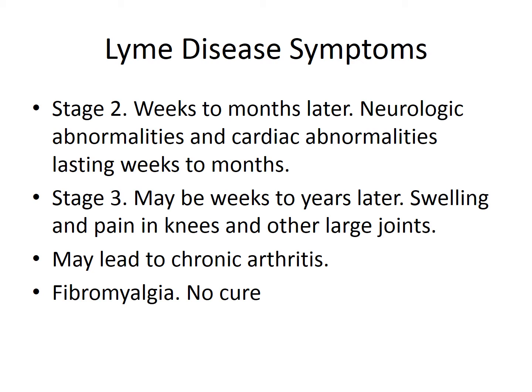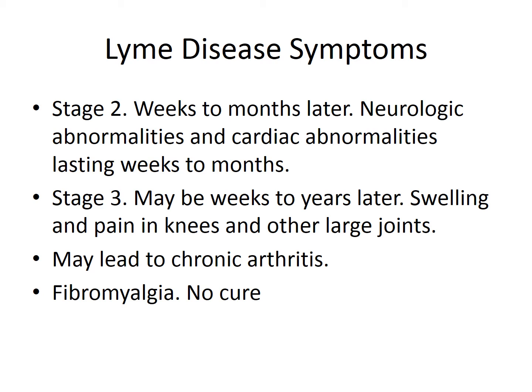But then once we get into stage 3, like I had said earlier, as that disease progresses, they start having swelling and pain in large joints, like the knees. That's because the infection has spread to those joints and kind of made its home there. So that's usually when, if they haven't been diagnosed earlier on, they start to realize that there's something really serious.